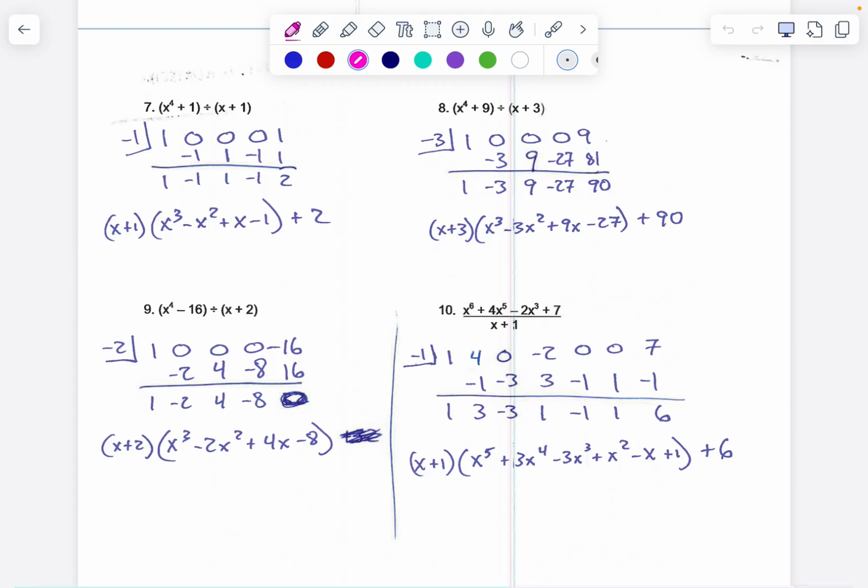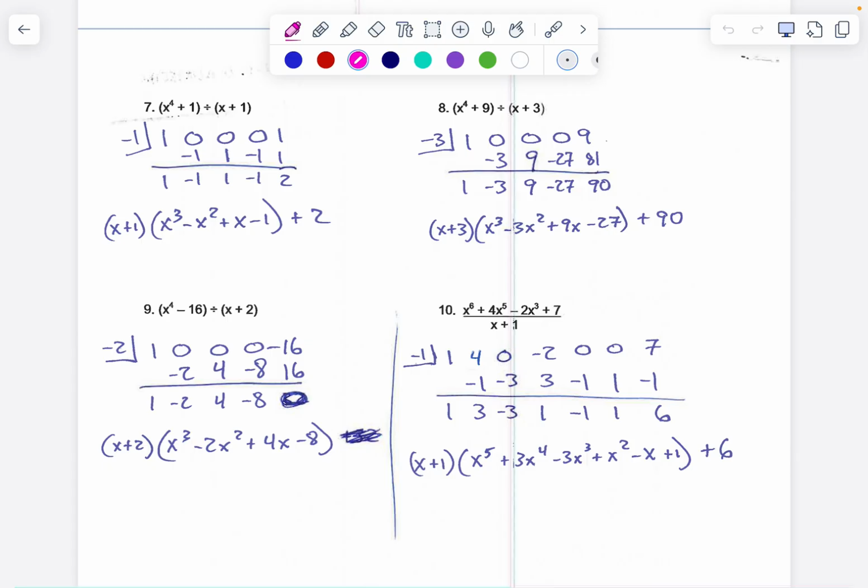So synthetic division, or actually division in general, but especially synthetic, drops the degree. Synthetic division specifically drops it by 1 each time. So we wrote that in your notes. But if you ever get stuck on how to interpret this stuff, remember it's just dropped by 1 degree down.